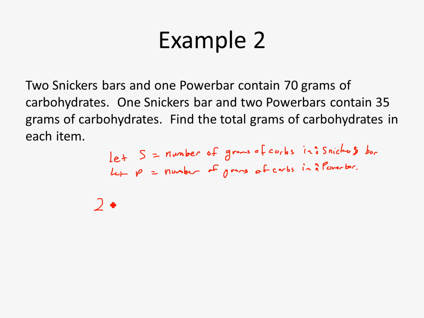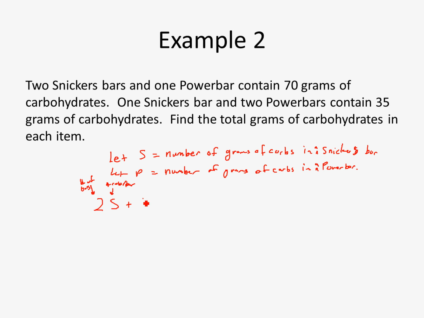So it's 2 times S, okay? Remember, this number is representing the number of bars, and this is representing the number of carbs per bar. And then if I add that to 1 Power bar, 1 Power bar.